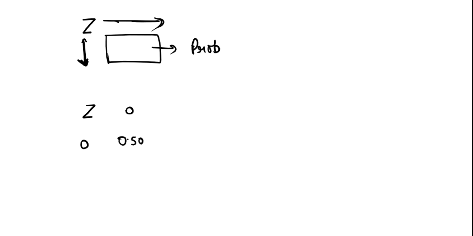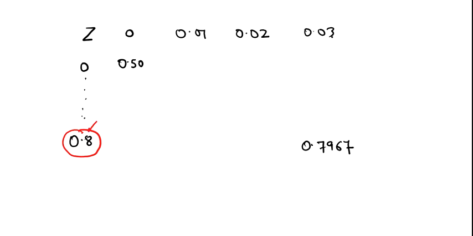Clear? Now let us move ahead. If you go down, there is 0.8. And if you go towards the right, it will be 0.01, 0.03. Clear? Now there is one value here, 0.7967. Now how are you going to read this? See, for the first value after the decimal, you will take this part, and for the second value after the decimal, you will take this line.